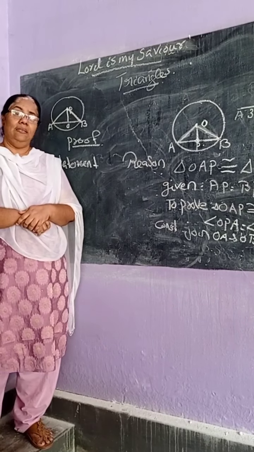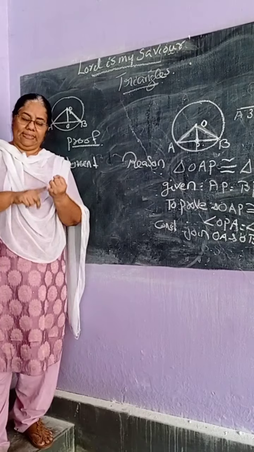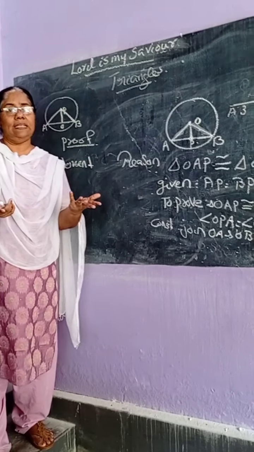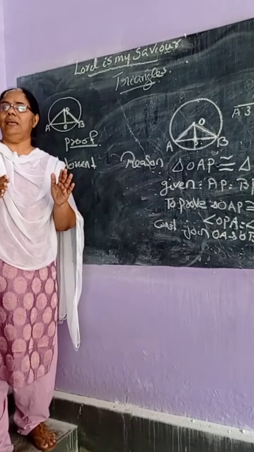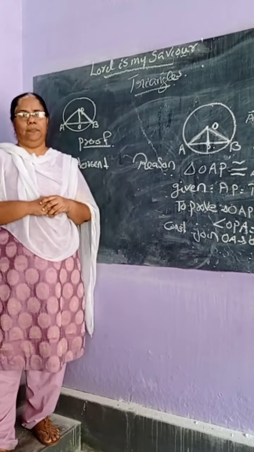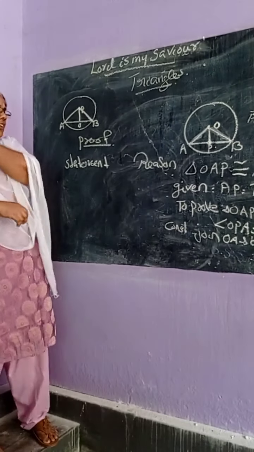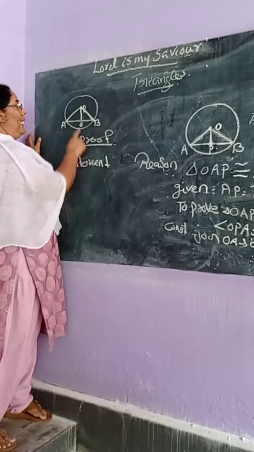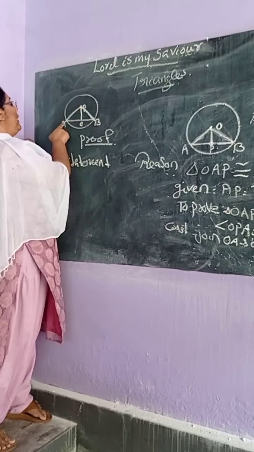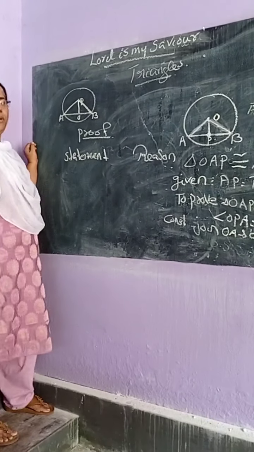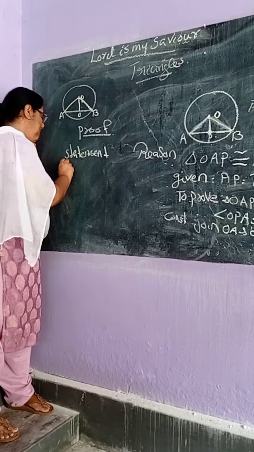We know that we can apply SSS, SAS or ASA or RHS. Isn't it? These are the theorems relating to proving congruency. Look here. First, from the given statement, our aim is to prove that these two triangles OAP and OBP are congruent.